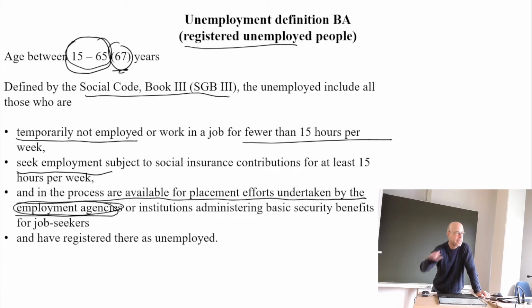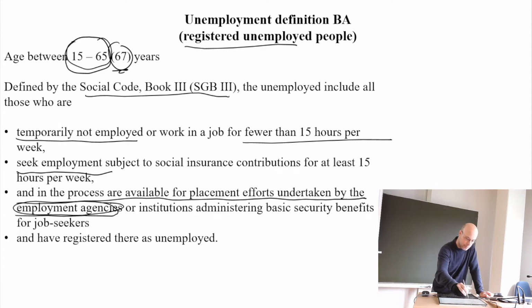So in this case, every month or every 2 months you get a phone call or a letter, and they ask you, have you looked for a job? And if you haven't looked for a job, then they will call you again in the next 2 months. And if you haven't looked for a job in the next 4, 5 or 6 months, then at some time you will drop out of the statistic of unemployed people.